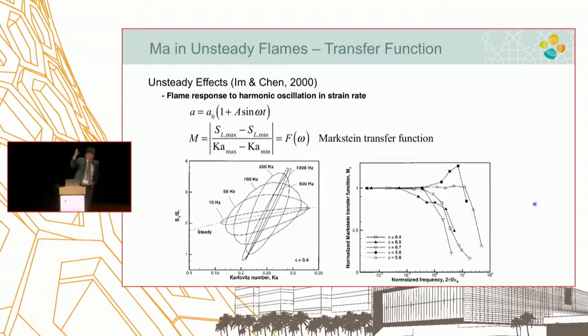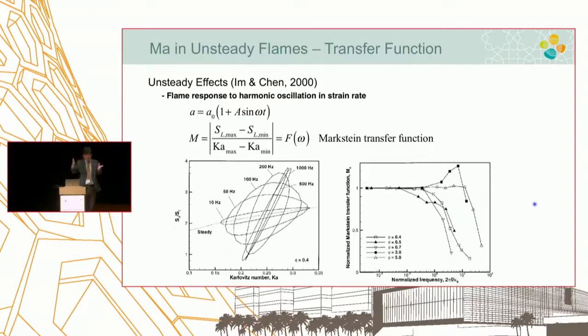Another practical implication of this study is a very strong relevance to acoustic instability of combustion devices. Basically, any acoustic perturbation created inside the chamber due to the resonance of the chamber length or whatsoever will feed back into the flame, and they will change the flame speed.